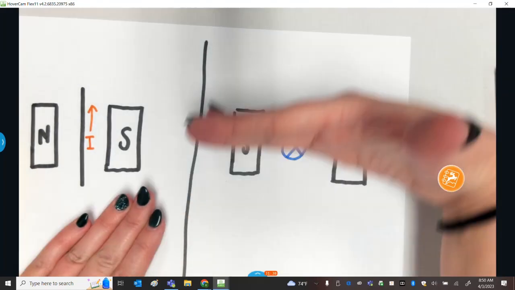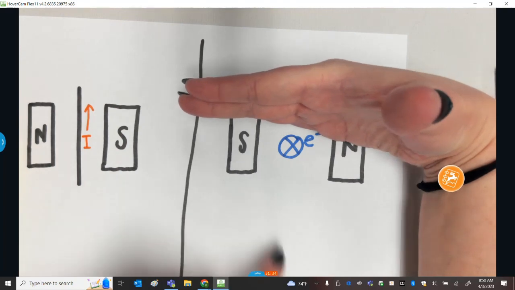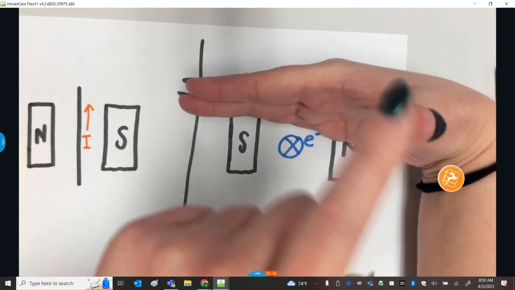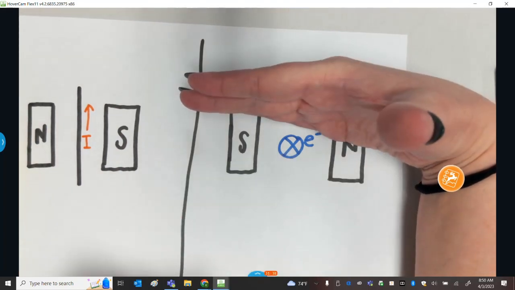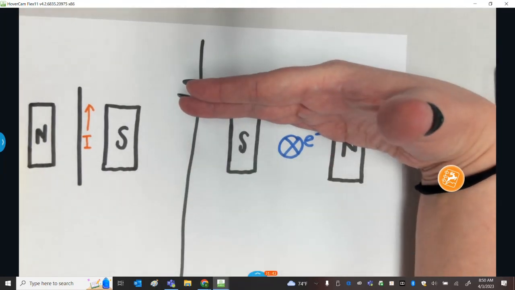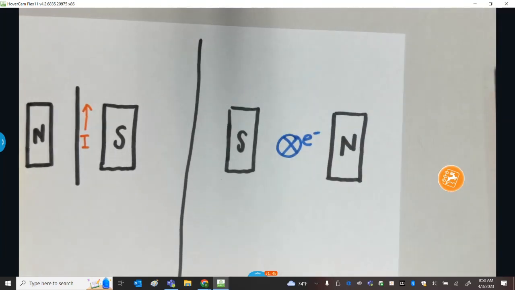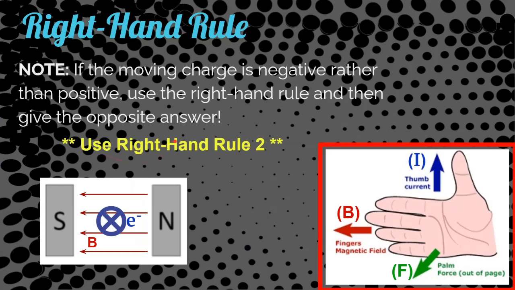I don't really care which way you choose to do it. But my fingers are going to go north to south, and then my current, remember this rule is for conventional. So if this is into the page for electrons, that means conventional would be out of the page. And I'm going to get a force that is downward. Whichever way makes the most sense to you is what you should do for these types of things, but be careful if it's an electron, because that means it's going to be backwards from what you normally would get.